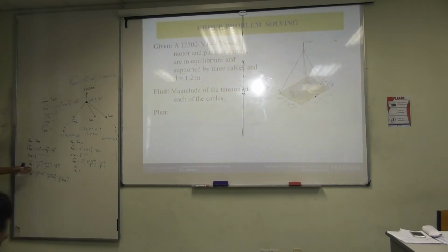After we have got all the calculation as well, basically we have the summation of forces equal to 0, or summation of Fx equal to 0, summation of Fy equal to 0, summation of Fz equal to 0. Of course, in this case, you can see how many unknowns we have. Not many zeros, right?